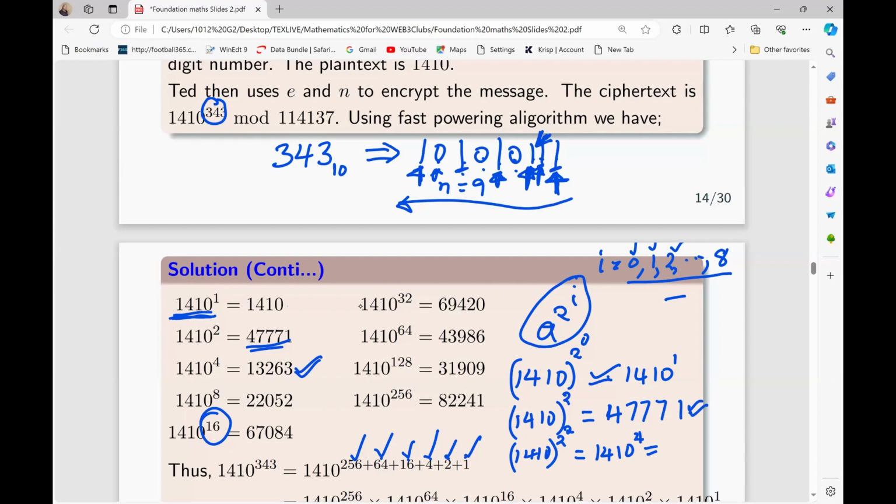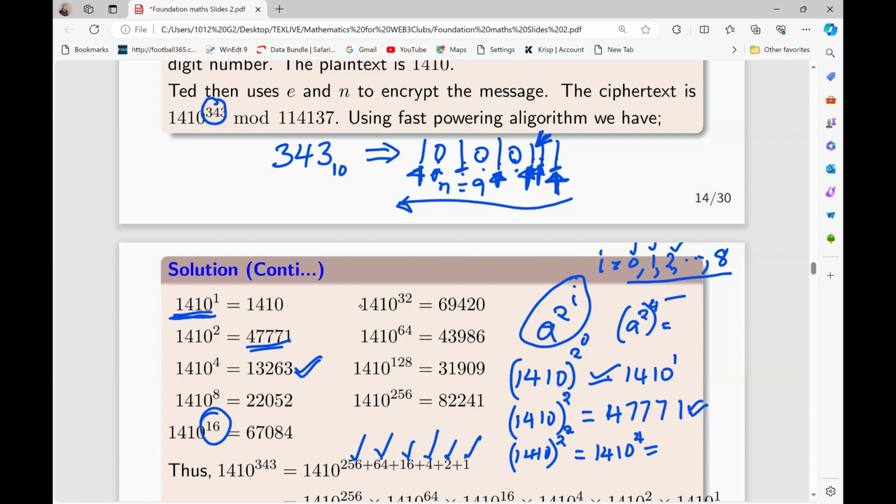So you've done I0, I1, I2. We skip I3, and we come to I4. So that is A raised to 2 raised to 4. What is 2 raised to 4? No, in fact, you do it this way.